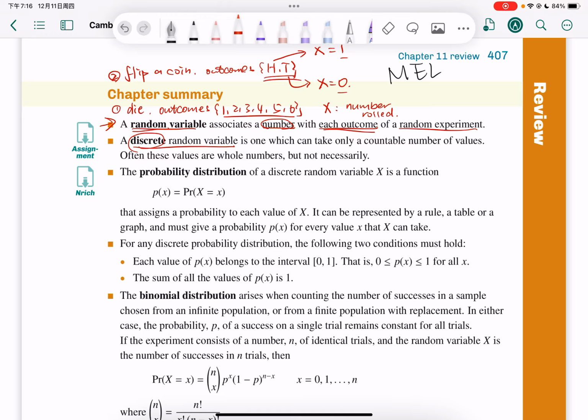If it's continuous, it should be all the numbers from 1 to 6, including 1.1 and all the rational numbers and irrational numbers between them. So discrete means only a countable number of values. Often these values are whole numbers, but not necessarily.